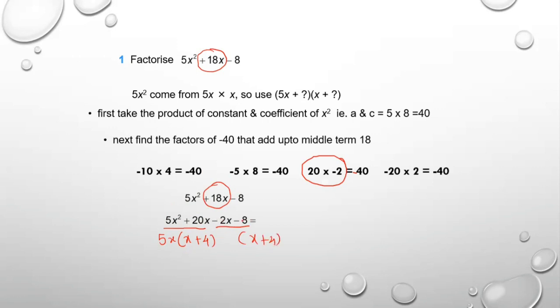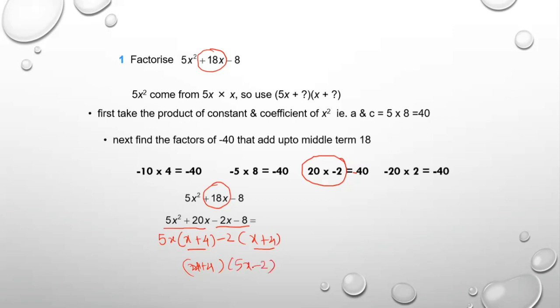So 2 and 8, the HCF is 2. So minus 2, children. So minus into plus gives minus. When you open it, again you get minus 8. So don't get confused, because there is minus here, it will be minus. Always these two brackets will be the same. So our factors will be x plus 4, which is common, and whatever is left, that is 5x minus 2, in the other bracket.